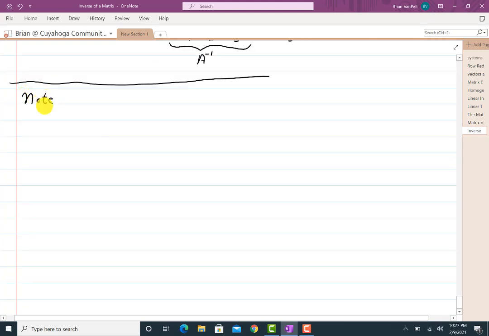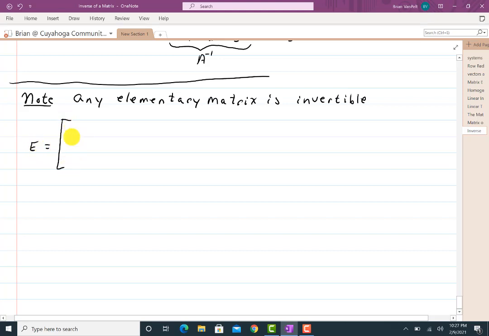Note, any elementary matrix is invertible. For example, remember if I had E where I swapped rows, let's say I swapped rows 2 and 3.